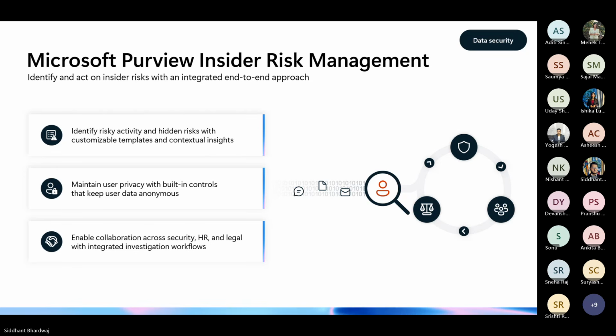When you look into insider threats, you also cannot breach the privacy of a user. So it maintains data privacy of each and every user within the environment, with built-in controls to make sure no one can misuse insider risk management. It identifies risky activity and hidden risk factors within your organization against customizable templates and contextual insights, to find out and categorize which user is risky and which is not.